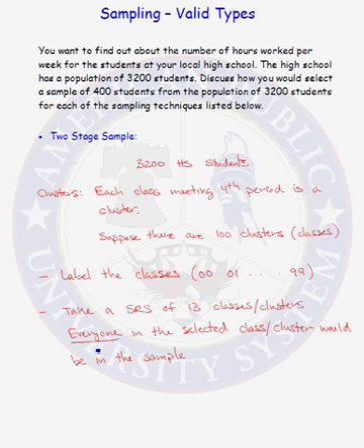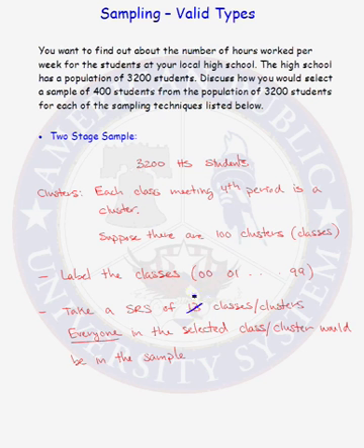Instead of taking everyone in a selected cluster, we will take a random sample of clusters and then we will do an additional random sample of individuals in that cluster. So instead of taking 13 classes or clusters, we will need more in order to get our sample size of 400.